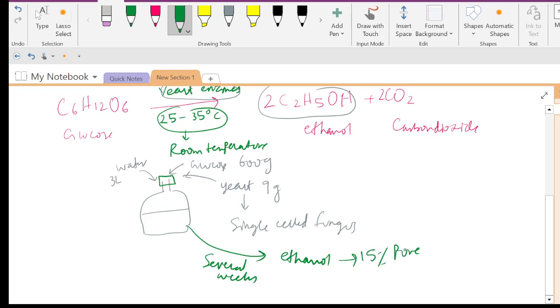If you want to concentrate this ethanol further to around 96%, you have to put it through the fractional distillation process. By fractional distillation, you will obtain 96% ethanol, right?